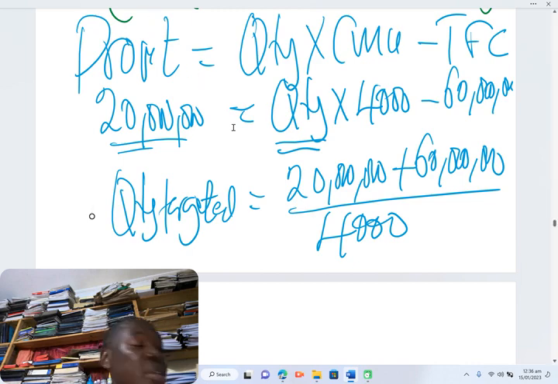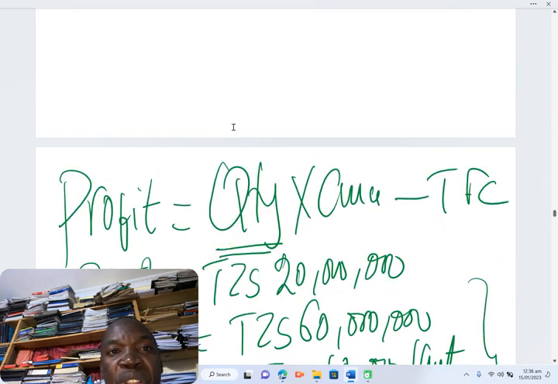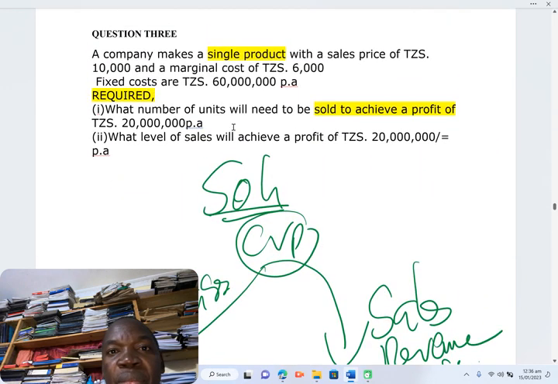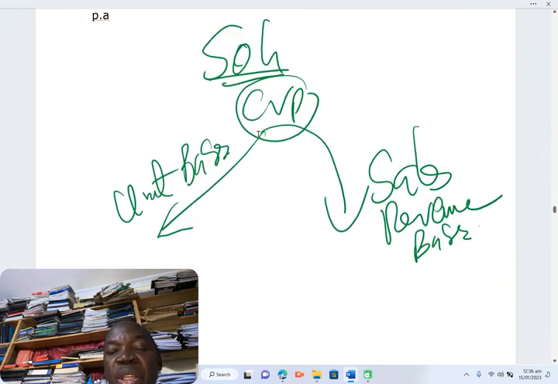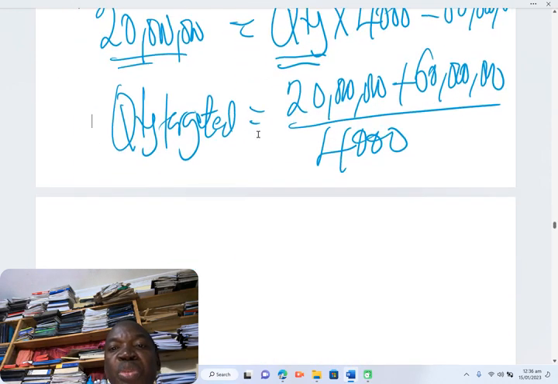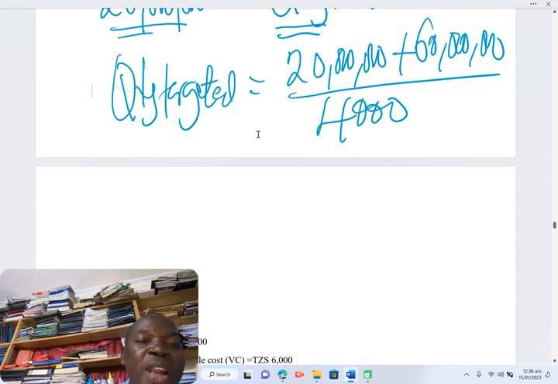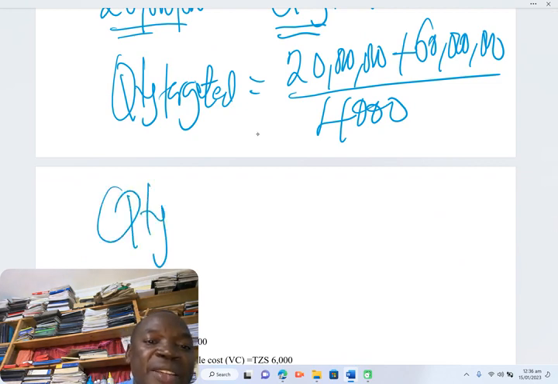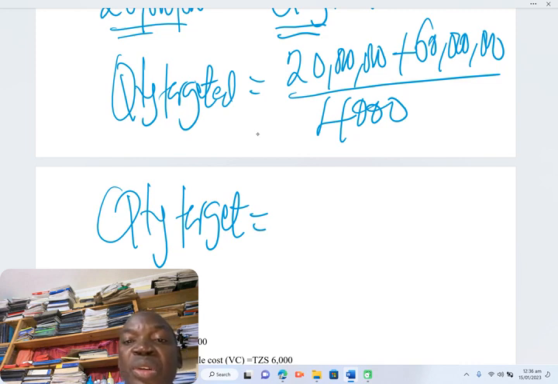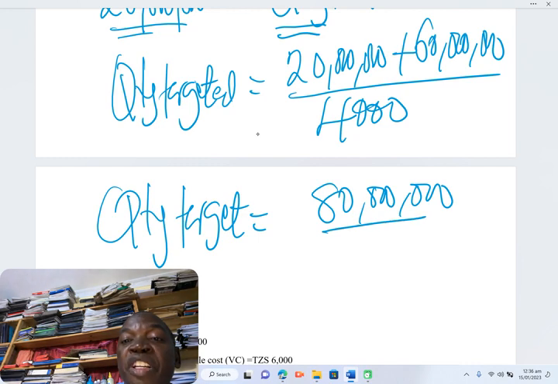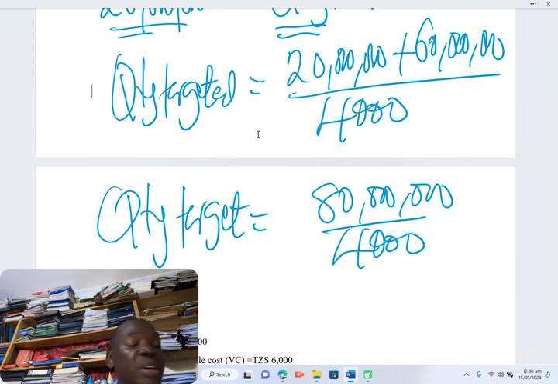So quantity targeted is equal to 80 million divided by 4,000.